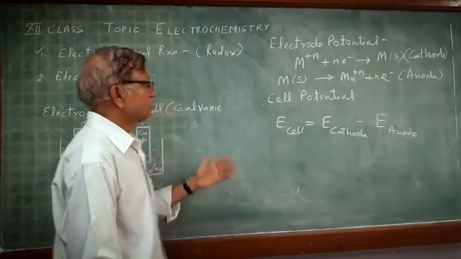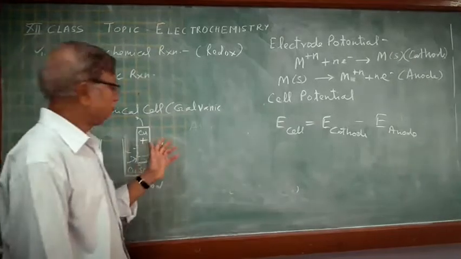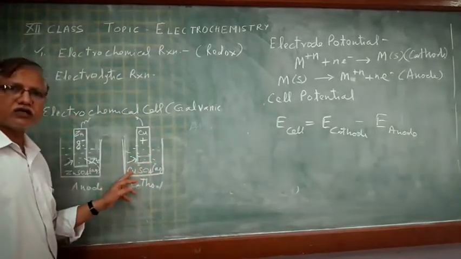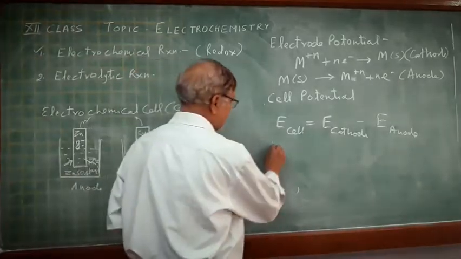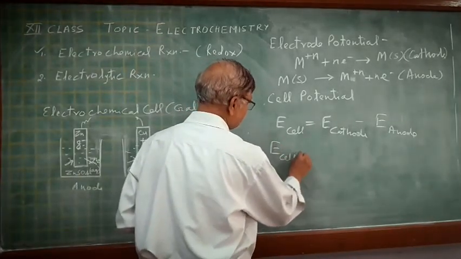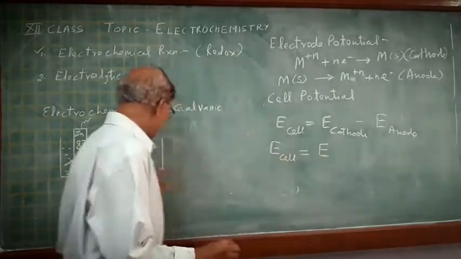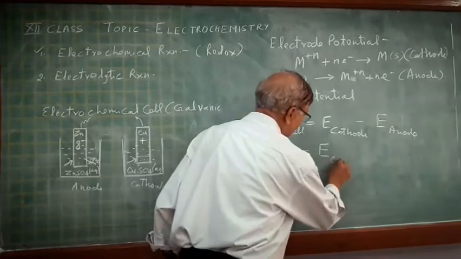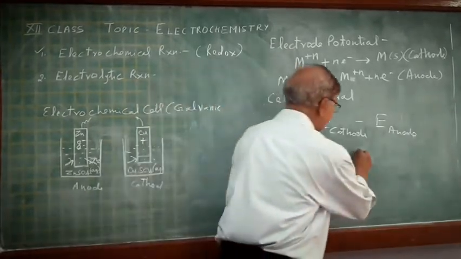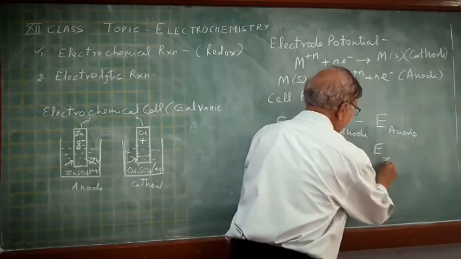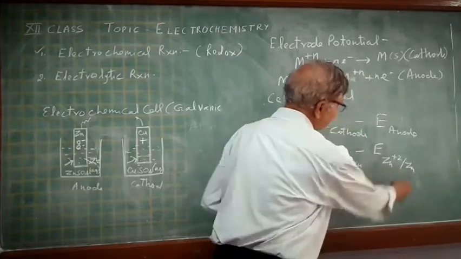For example, suppose we want to calculate the cell potential of the galvanic cell. For the galvanic cell, the copper electrode is the cathode and the zinc electrode is the anode. So E cell equals E cathode, and the cathode is copper, so we write E Cu2+/Cu minus E Zn2+/Zn.